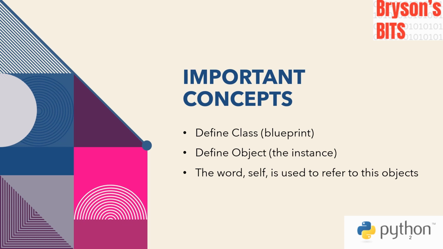Now, the word self, when you see it inside of Python, refers to this particular object that has just been created when you go to instantiate the class. Different programming languages use different words, and you can actually use a different word other than self in Python.